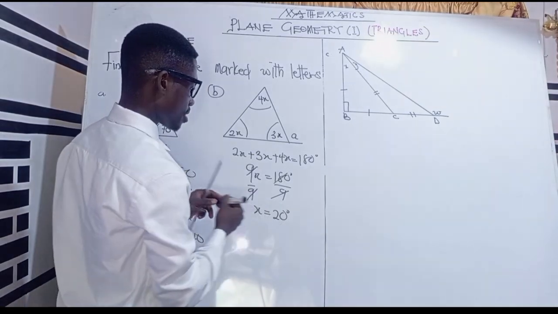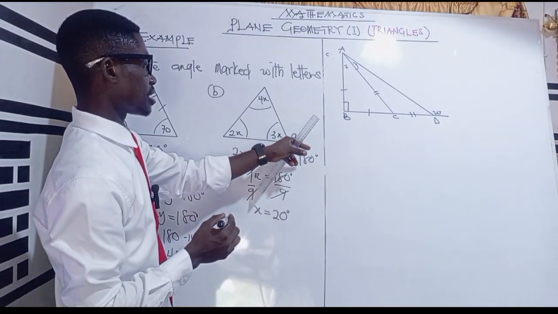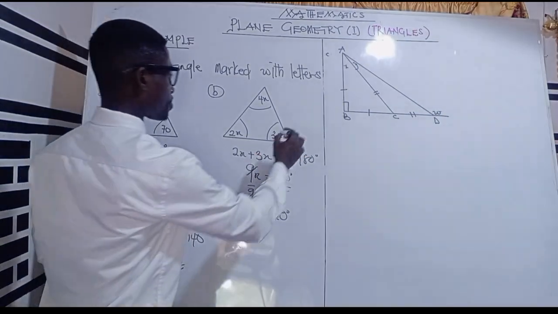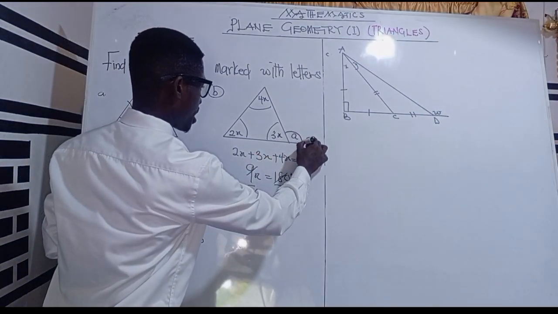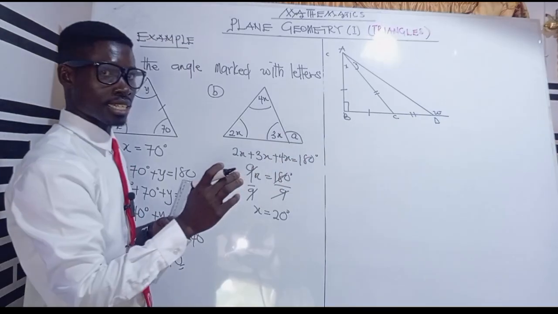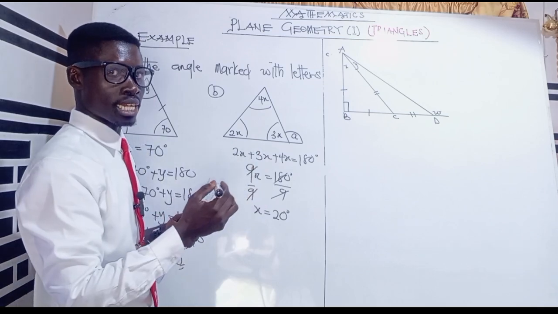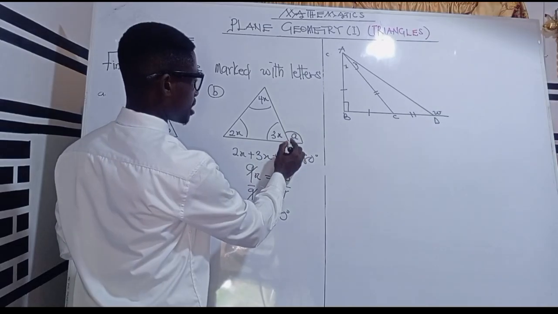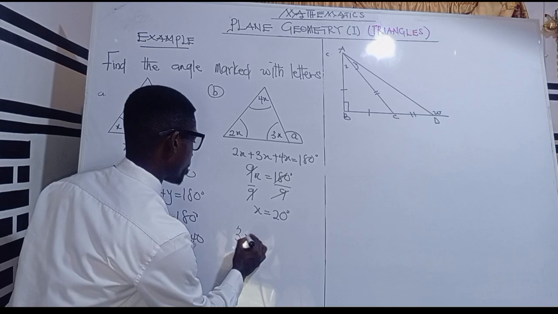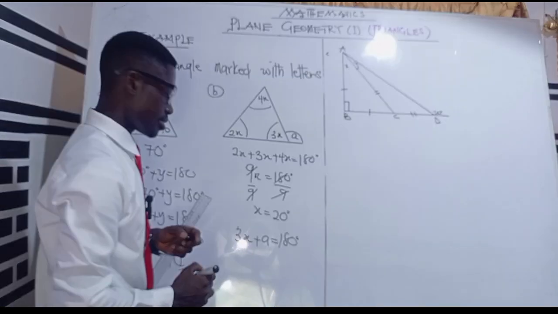Now the next angle that we have to find is this angle, which is represented with A. Looking at this, we can say that this angle and this angle are adjacent angles, or angles on a straight line. And angles on a straight line sum up to 180. Therefore, this angle plus this angle should give us what? 180. So we have 3x plus A is equal to 180 degrees.